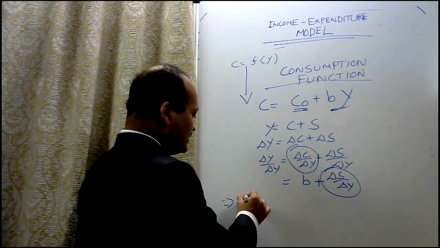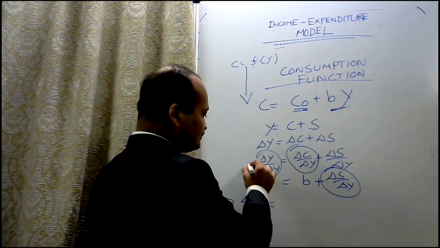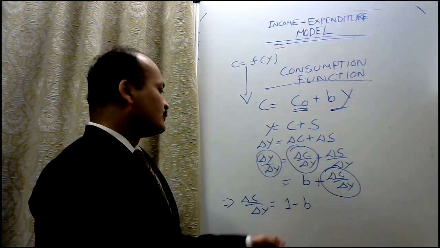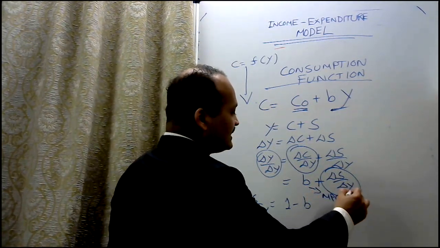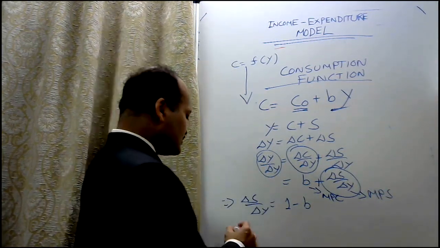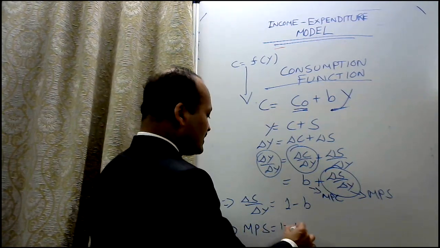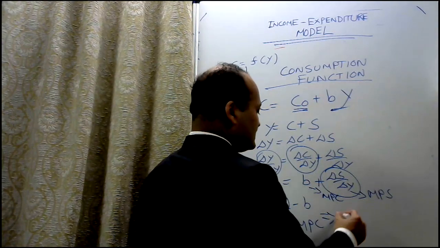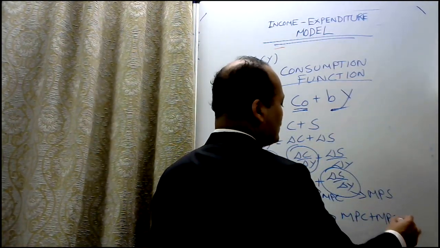So del S by del Y is nothing but, this was 1, so I will get 1 minus B. So if B is the marginal propensity to consume and del S by del Y is the marginal propensity to save, the relationship I am getting is MPS is equal to 1 minus MPC, which can also be written as MPC plus MPS is equal to 1.